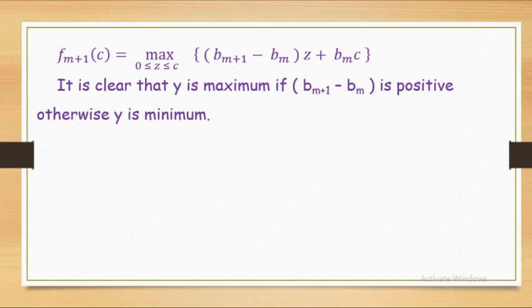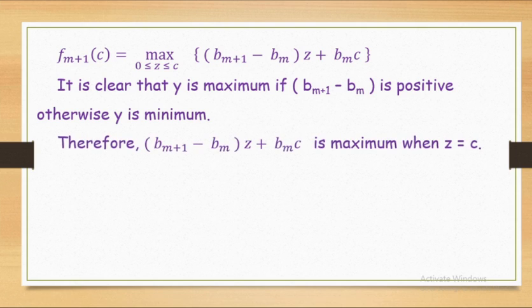It is clear that this bracket term is maximum if b(m+1) minus bm is positive, otherwise that term will be minimum.